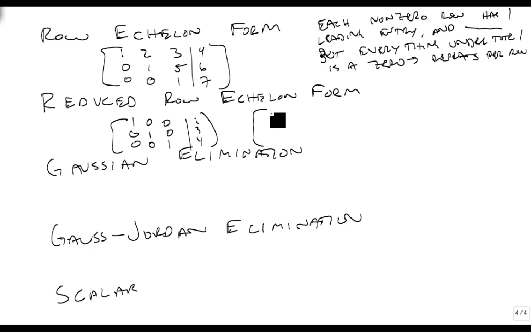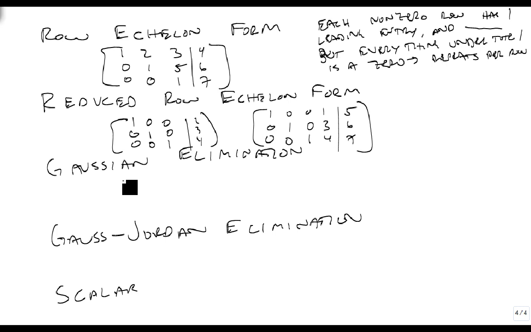And it's also possible to do this with a non-square portion, where if I have something like this and a 5, 6, 7, this is still in reduced row echelon form because the leading entry is a 1 and it has zeros above and below it in each place where I have a non-zero leading entry.